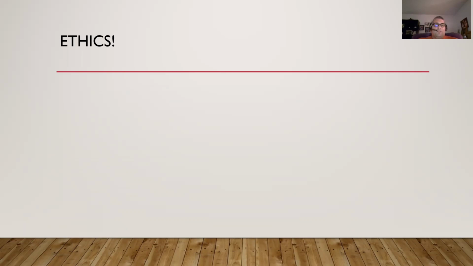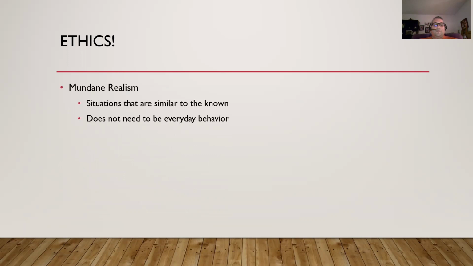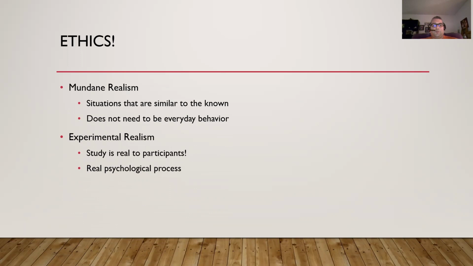But some of the other information that goes along with it is the test, does the study have to have mundane realism or experimental realism? So there's a difference between the two. So mundane realism just means that the situation is similar to the known. So does an experimental study have to be known and common and be a part of everyday behavior?